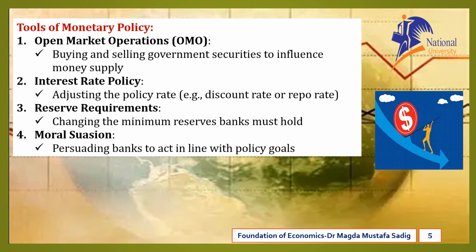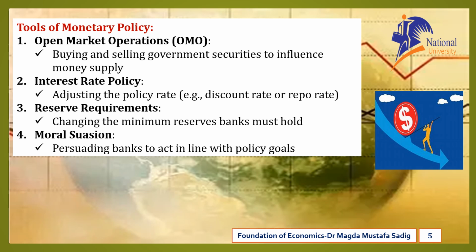There are four tools. Open market operations. This is one of the most commonly used tools. It involves buying or selling government securities in the open market. When the central bank buys securities, it injects money into the banking system, increases money supply, and lowers interest rates.